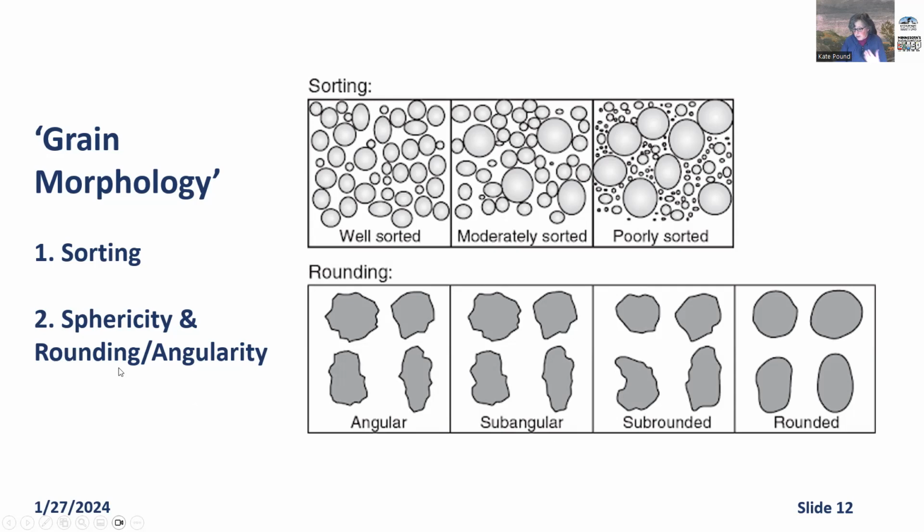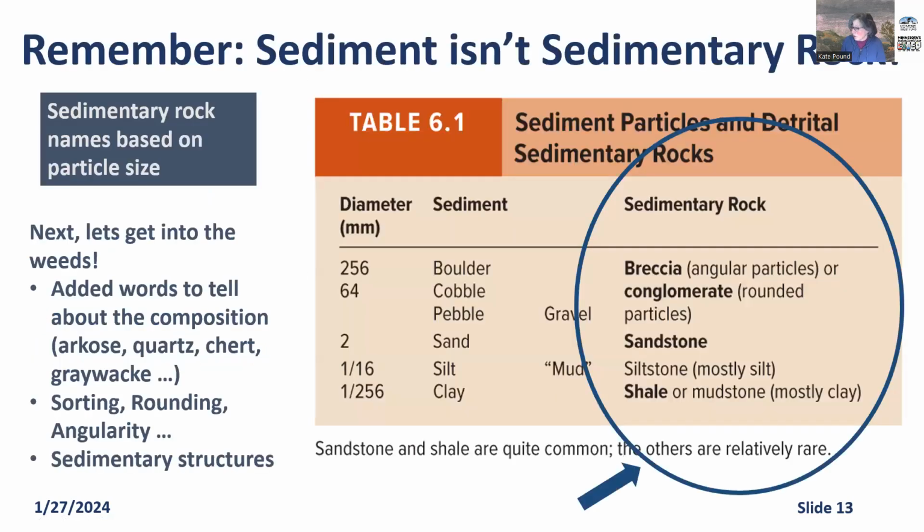These are all things you can either see with the naked eye or with a magnifier, usually. Or if you've got an ordinary microscope in the class, you can do this. Just a reminder here, sediment isn't sedimentary rock.